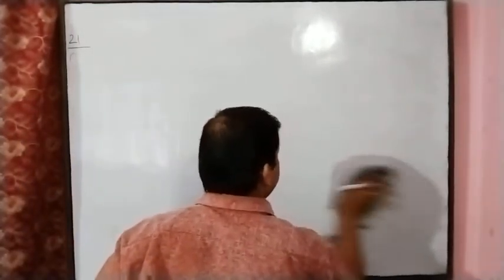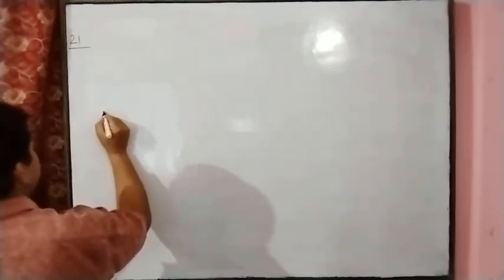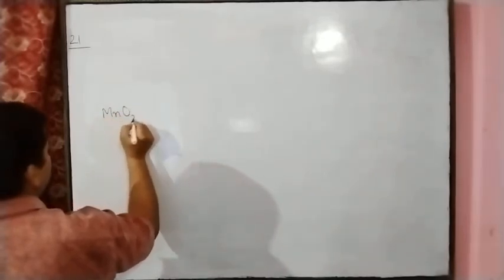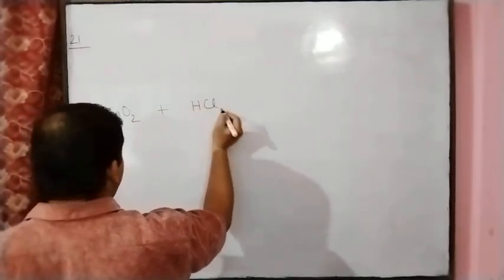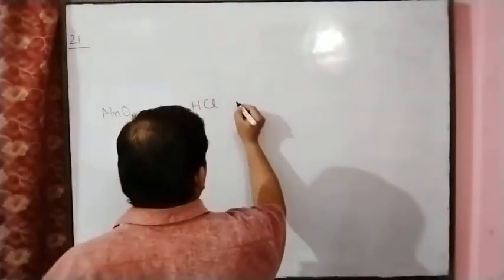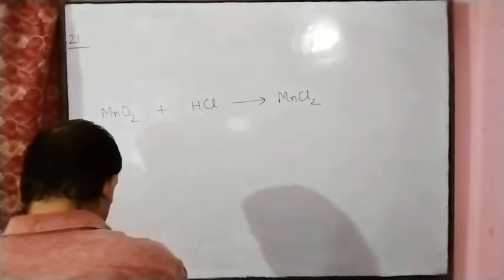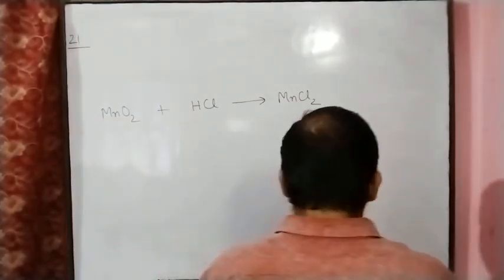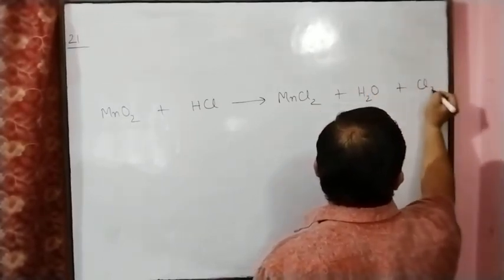Next, part number 21. So here MnO2, manganese dioxide, MnO2 reacts with hydrogen chloride, hydrochloric acid we can say, and this gives manganese chloride, MnCl2, water, and chlorine gas.